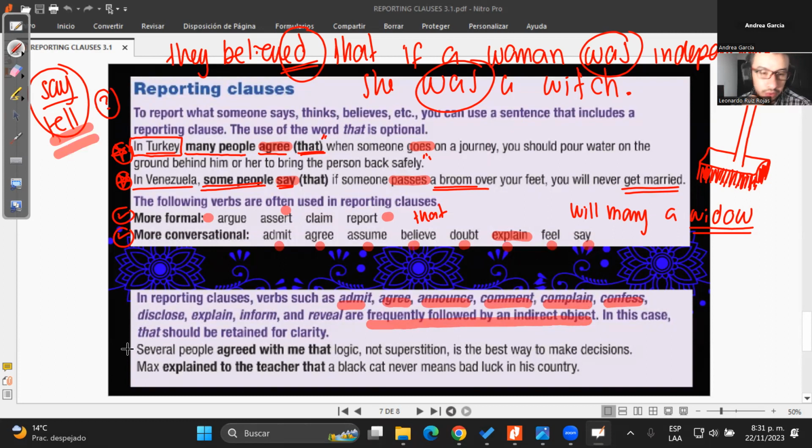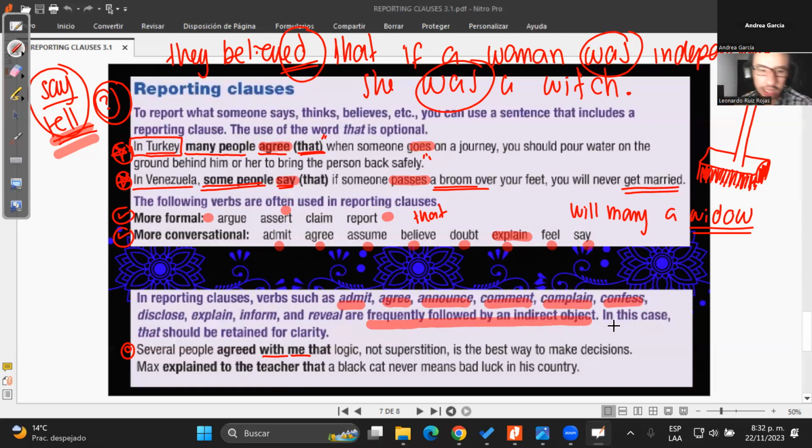For example, could you please read the first example over here, honey? Several people agreed with me that logic, not superstition, is the best way to make decisions. Good. In that case, it has a second object, ready? But different from tell, they require a preposition. Agreed with me, admit to me, announce to me, comment to me, complain to me, confess to me.